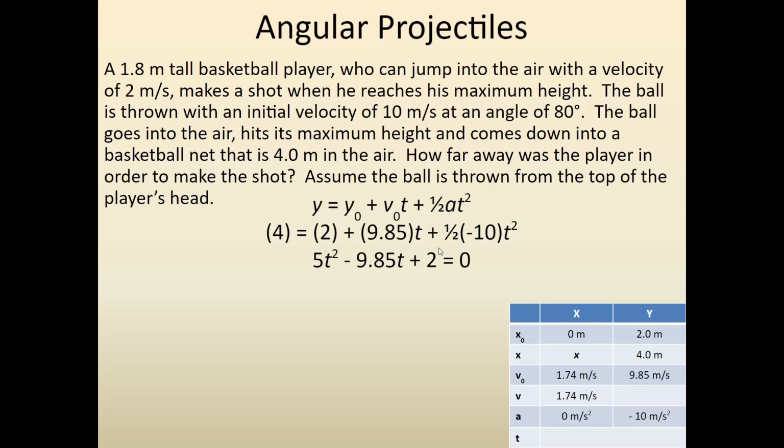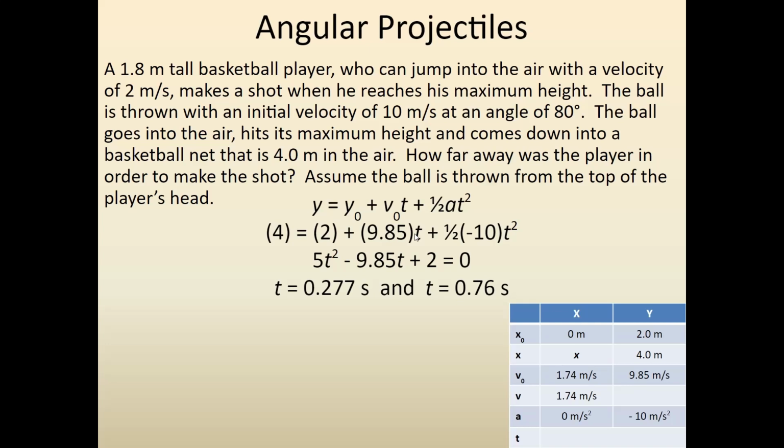Find the two times and you end up getting 0.277 and 0.76 seconds as the two possible times. I didn't show the quadratic formula because I just don't have the space here. But if you're confused, feel free to ask me and I'll answer that question.